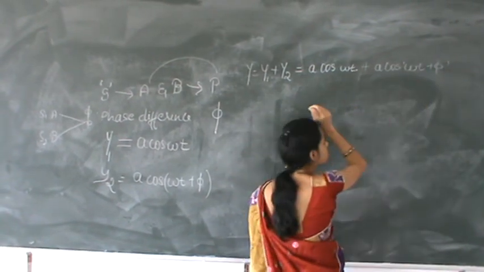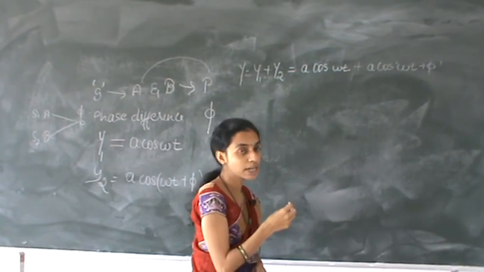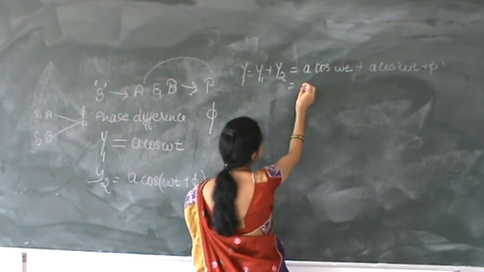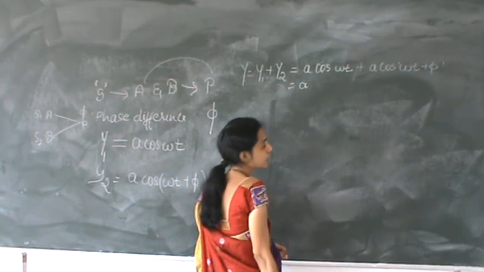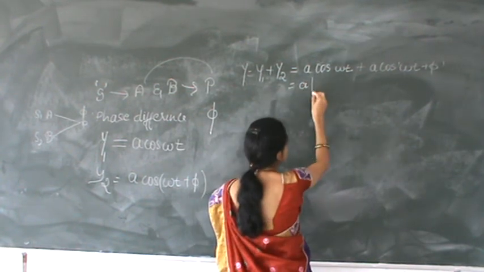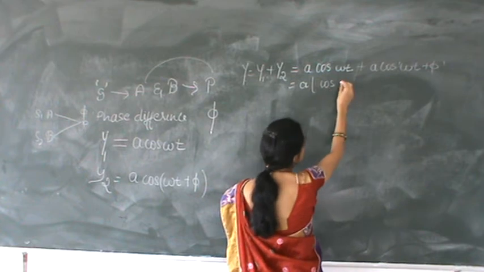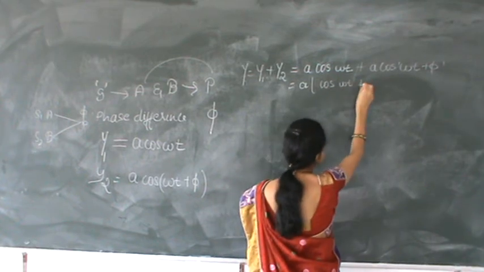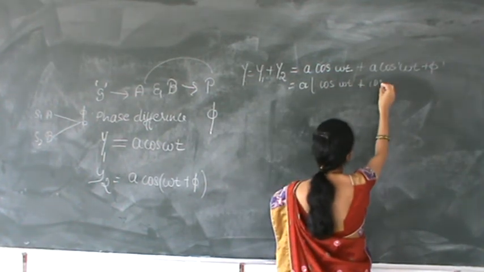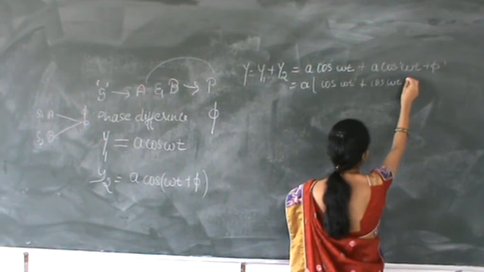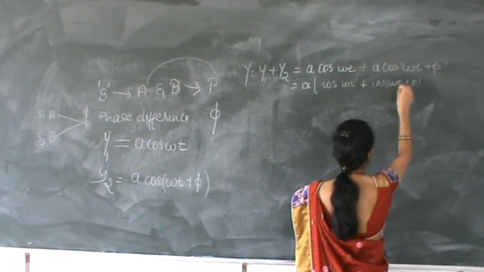In both terms, the constant term is the amplitude A. Taking A common, y is A times cos omega t plus cos of omega t plus pi.